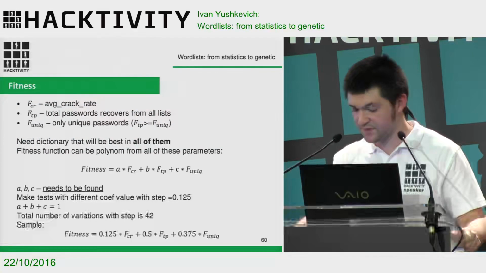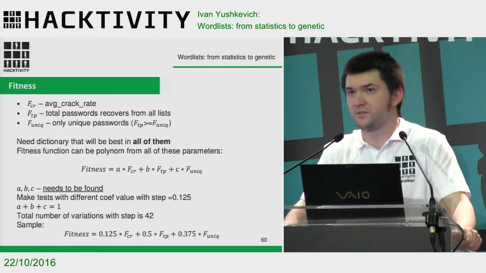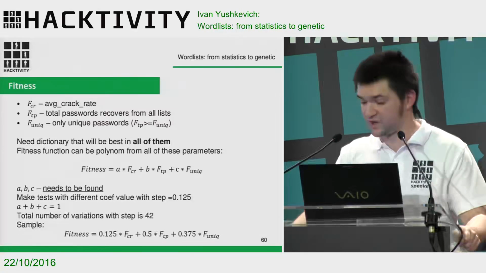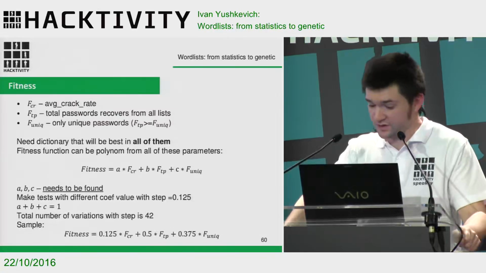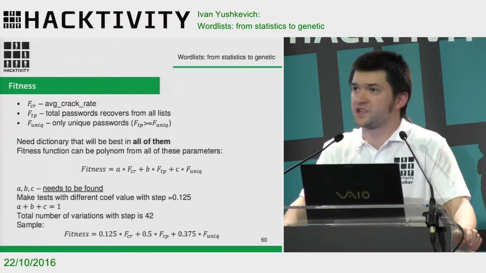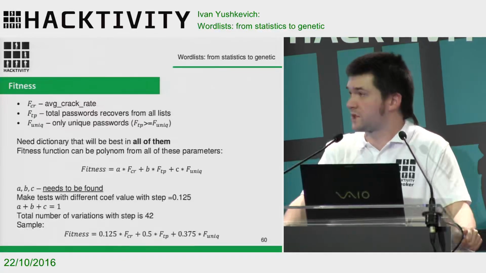And the fitness function. I want a fitness function that pays respect to all the fitness values, like crack rate, total passwords, and unique passwords, as they are not the same. Using these, I can create a polynomial with unknown coefficients that should be found.